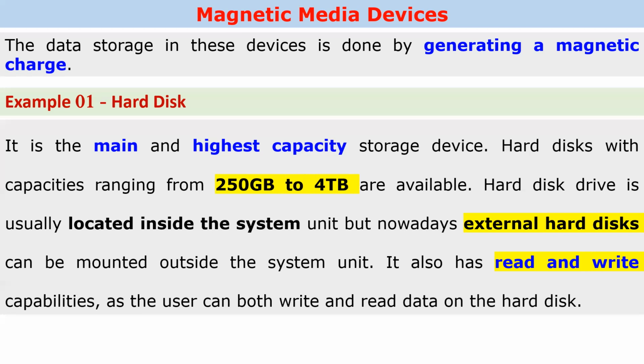Both these capabilities are available with the magnetic disk or hard disk, because there are some other devices that only have reading facilities. But magnetic media is not like that. It is able to do both, read and write. These are the main points, the external points you want to understand regarding the hard disk.